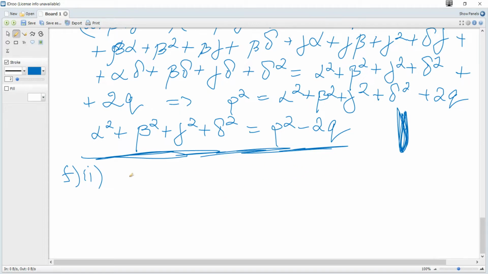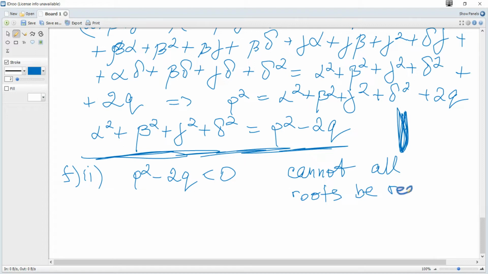But if we consider that p squared minus 2q is less than 0, then definitely it cannot be 0 because the left hand side is positive or 0, hence all roots cannot all be real. Cannot all roots be real.